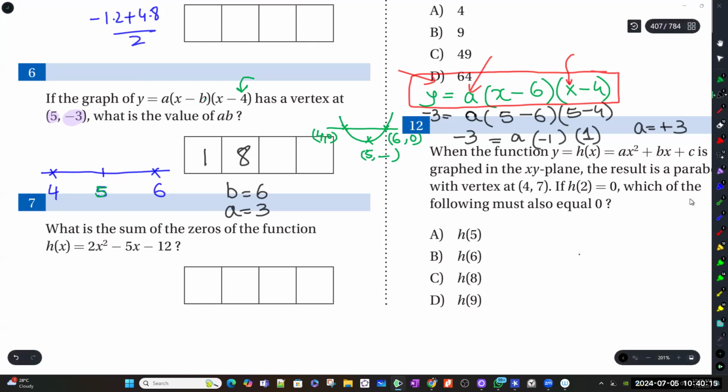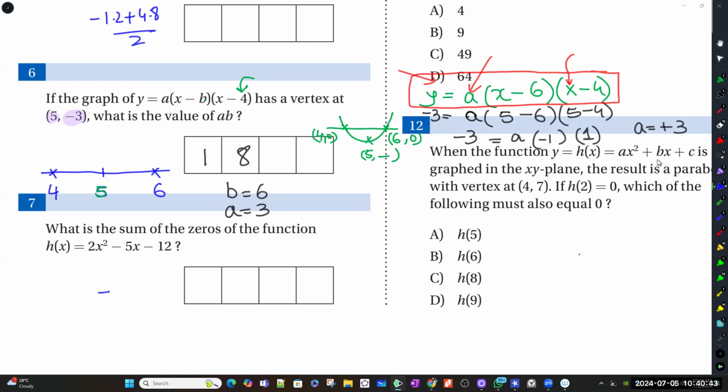Shabano, how will we do question 7? Khadija, what was the formula for the sum of zeros? Are we going to do middle term break?